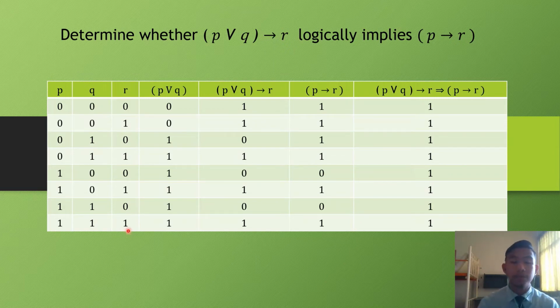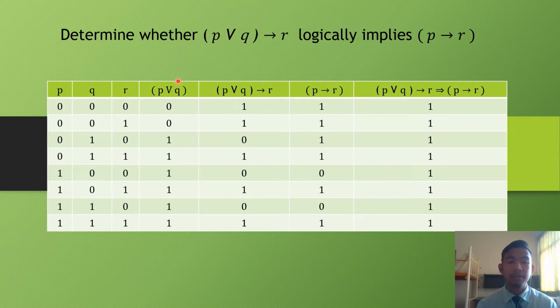Alright, so we look at the next column, which is P or Q. For P or Q, if there is a false and false, then the result is false.